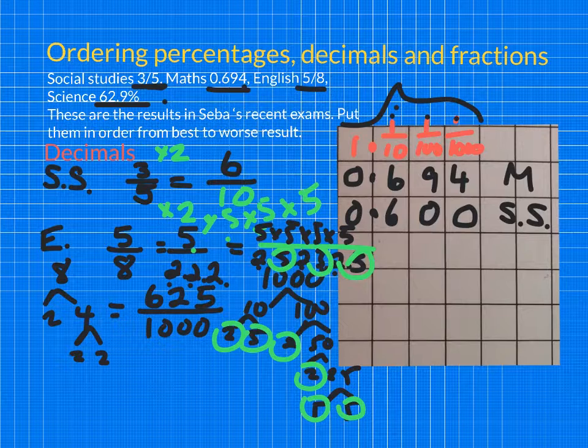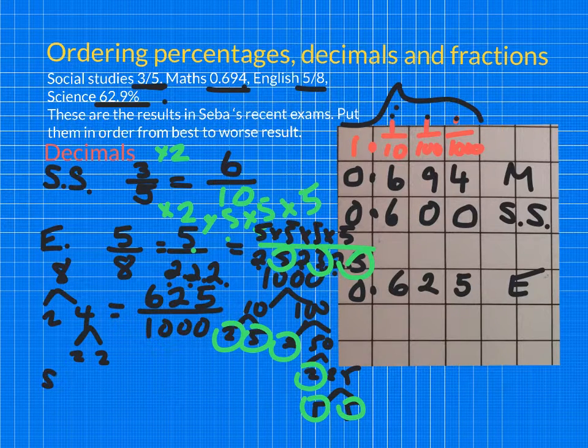Now we can put it into our grid. So we've got 0 point, we're going up to the thousandths column, so that's the 6, 2, 5, so that's 625 thousandths, and that's the result for English. The final result is the science result.